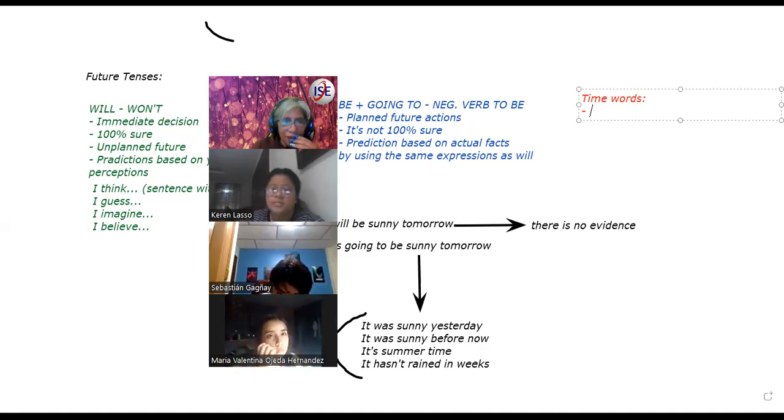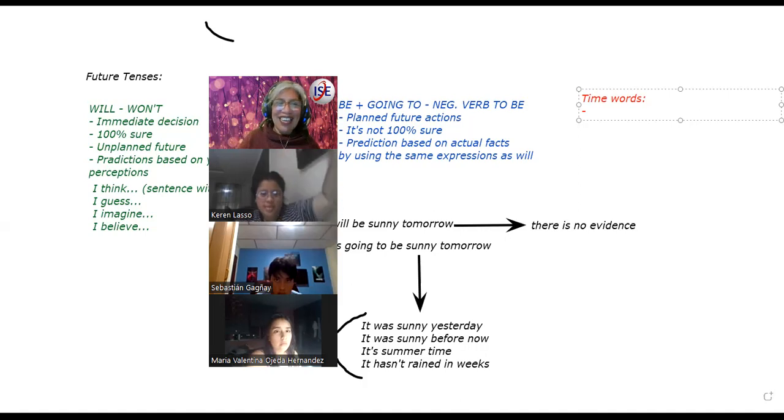No. Maria Valentina, one time word for future. Past: yesterday; present simple: always; present progressive: now, at this time. No, now is present progressive. Karen, one word for the future. Tomorrow.